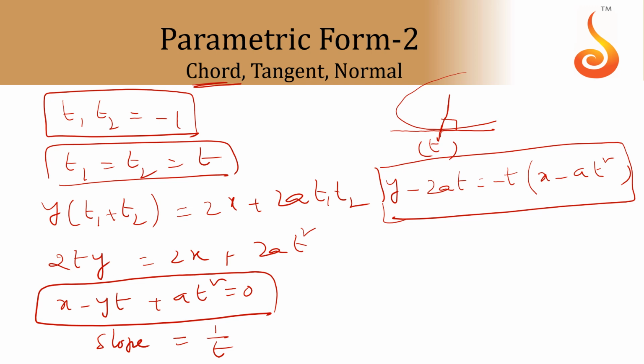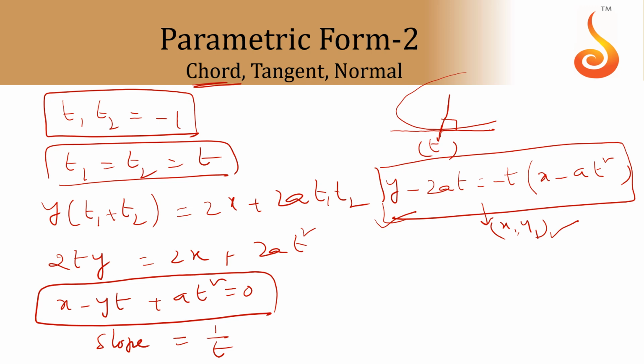You know that if this normal passes through some point (x1, y1), if I fix it, I told you these concepts in circles also. This is the equation. t is the parameter, meaning t represents any point on the parabola. So this contains the equations of all infinite normals. Now I am saying that the normal passes through (x1, y1).